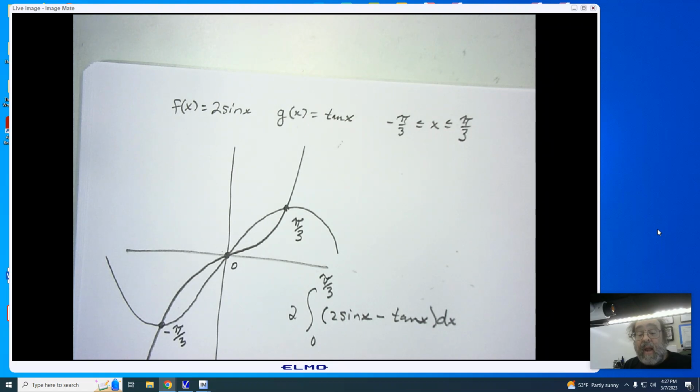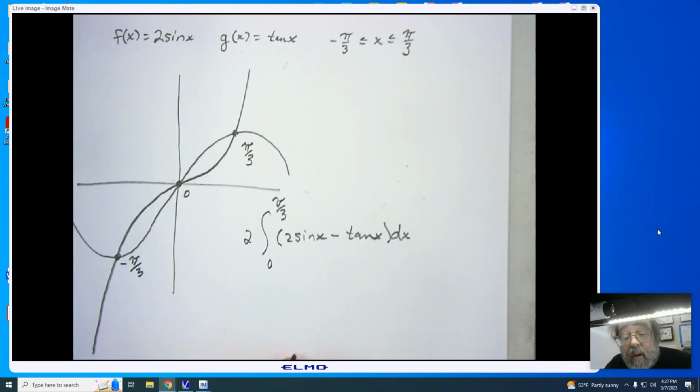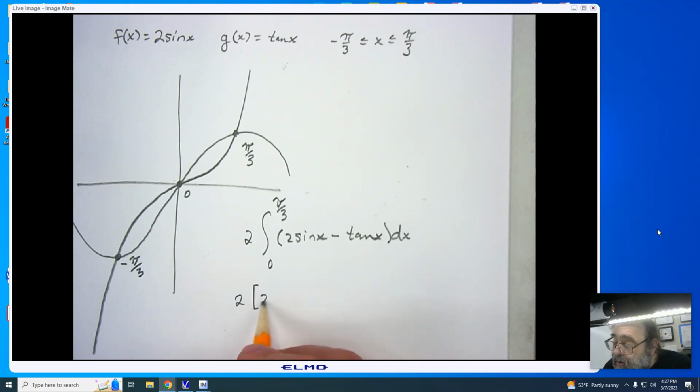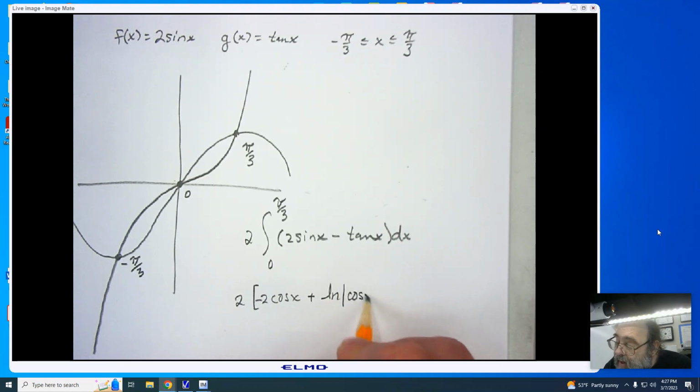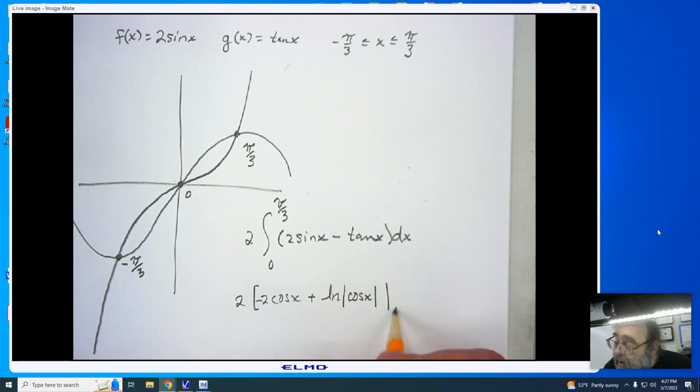Once again, trying to make life as easy as I can here. If we integrate this, we're looking at 2 of these, 2 cosine x's, and it's got a negative in front. And I have the positive because of the negative natural log of the absolute value of cosine of x, and we're going from 0 to pi over 3.